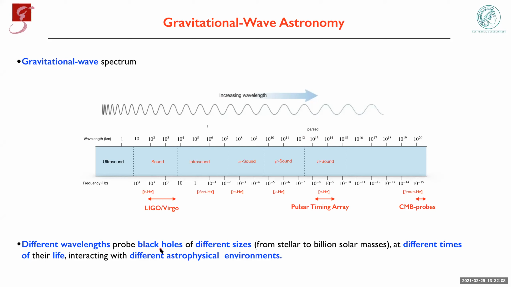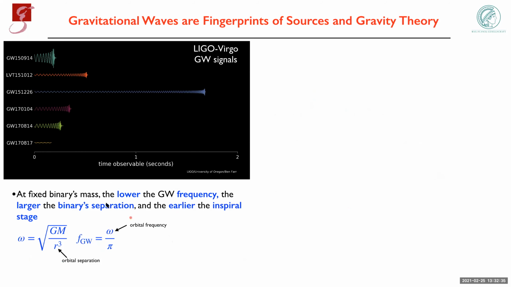Now, the reason why I'm highlighting this is because different wavelengths, as we will see in a moment, probe black holes of different sizes, from stellar to billion solar masses, but also different wavelengths probe even the same black hole with the same mass at different times of their evolution, of their life, interacting with different astrophysical environments. This can be easily understood.